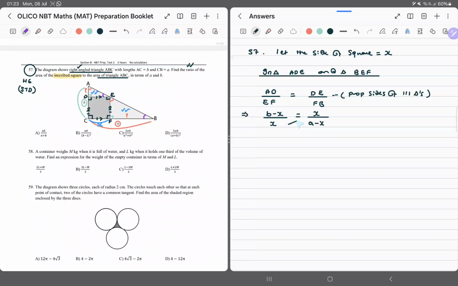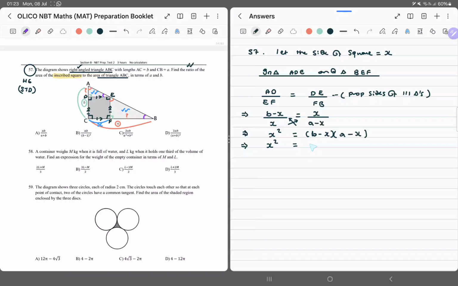So here we just do our famous gymnastic cross multiplication. So we can just say X squared is equal to, then these ones are going to multiply. So we've got B minus X into A minus X. Okay, great. So now our task is to FOIL.